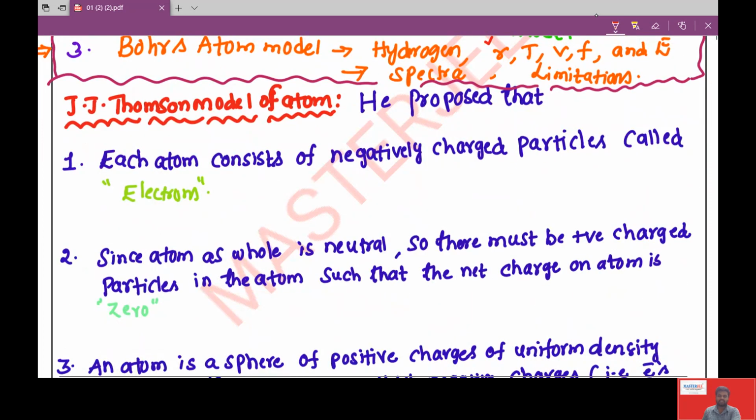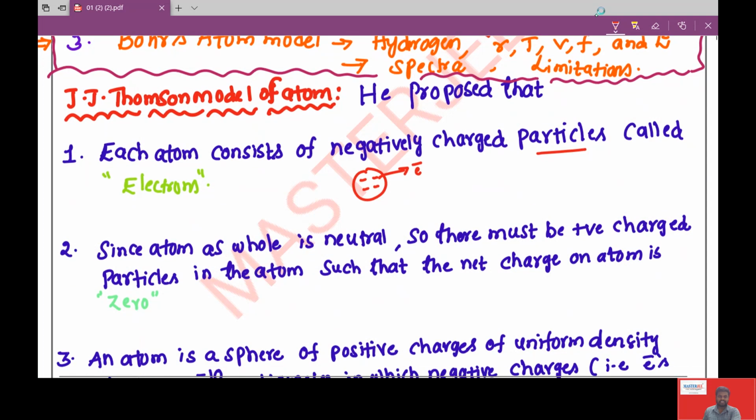This is the first model of atom which explains the structure of atom, how the electrons, protons and neutrons are arranged internally. He proposed that each atom consists of negatively charged particles, and he called those negatively charged particles electrons.